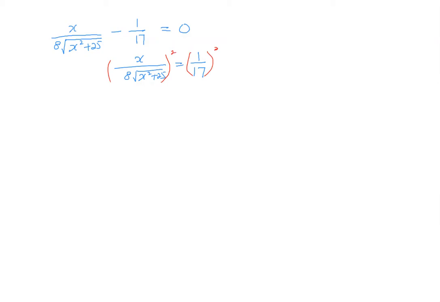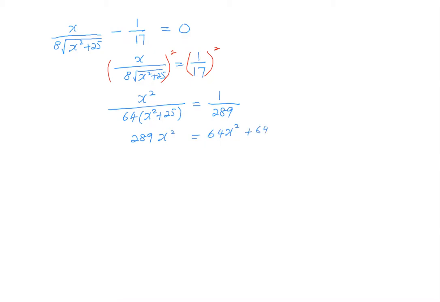So you have x squared divided by 64 times x squared plus 25 is equal to 1 over 17 squared, which is 289. So you cross multiply, 289 x squared will be equal to 64x squared plus 64 times 25.